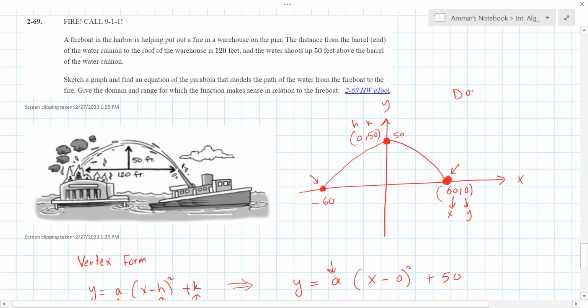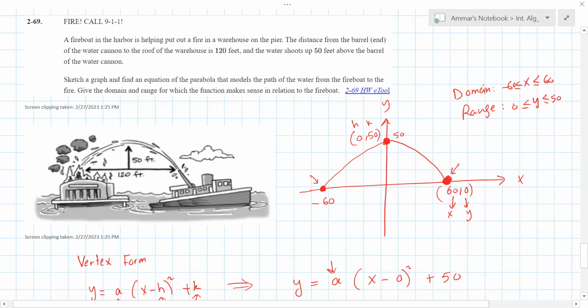The domain x will be between negative 60 and 60, and the range is the values of y. The highest value of y is 50, so y will be less than or equal to 50, greater than or equal to 0.